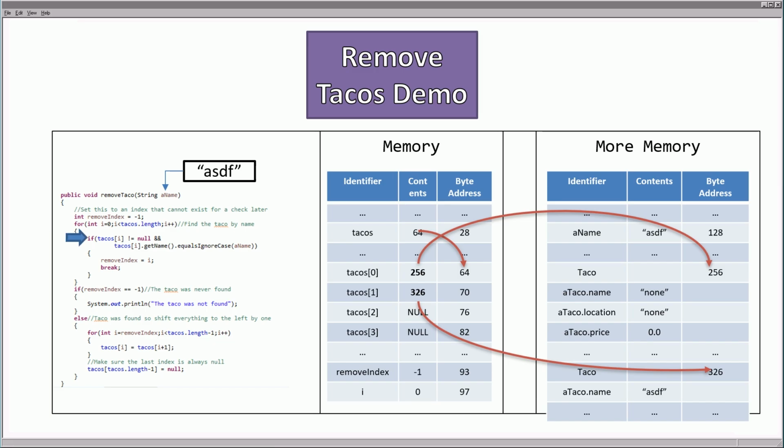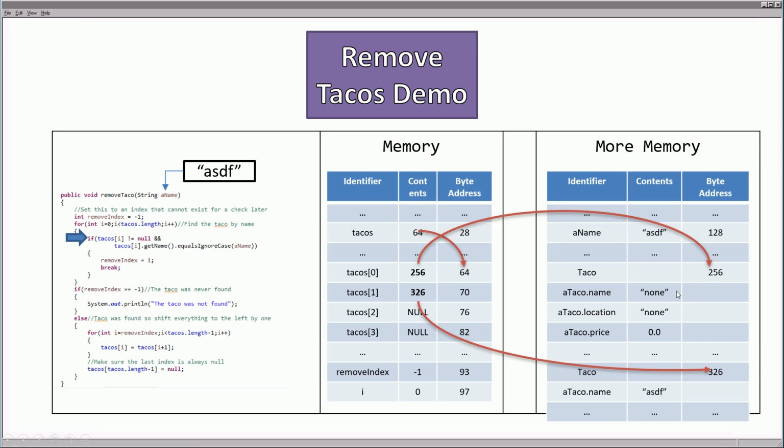Then inside of here, if tacos at i is not null, as we can see, index i is at 0. Tacos at index 0 is 256. This is not null, so this is true. So now we have to check tacos at index i, so index 0, .getName. We follow this reference over here and we get this taco's name, which is none.